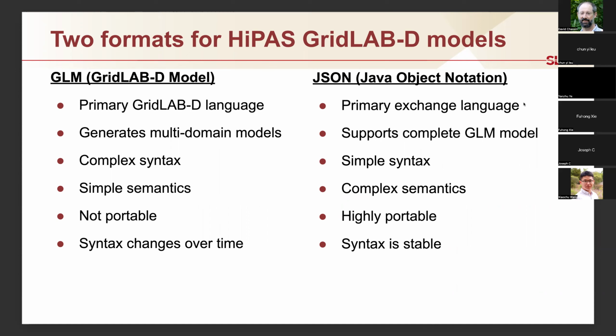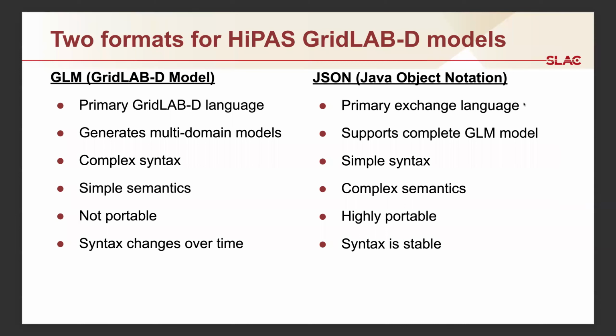The advantage of JSON, of course, is that the file format that is used to represent the Gridlab-D models is much more portable, and the syntax is much more stable, which means that programs that want to read and write JSON files will have a much easier time of it. The flip side, of course, is that because the semantics of the content is more complex, it means that we need an API, a programming language interface, to allow us to work with JSON files over the long term.